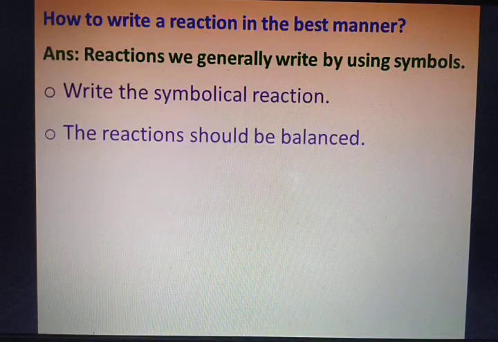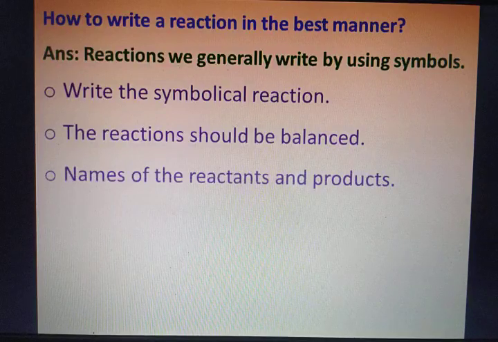It was given for you to see whether you can identify it, and probably you have. In the previous slide, the reaction with barium chloride and sodium sulfate is not balanced. It will be 2 NaCl, just write the number 2 prior to NaCl.